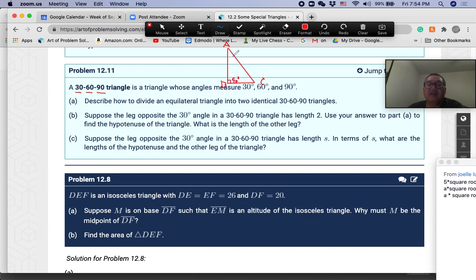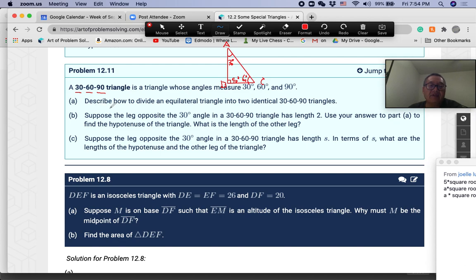Suppose this one is 30. Then this one will equal 60 degrees, right? Because in a triangle, the sum of the three angles should equal 180. If this one is 30 and this is a right angle, then this angle will be 60 degrees.